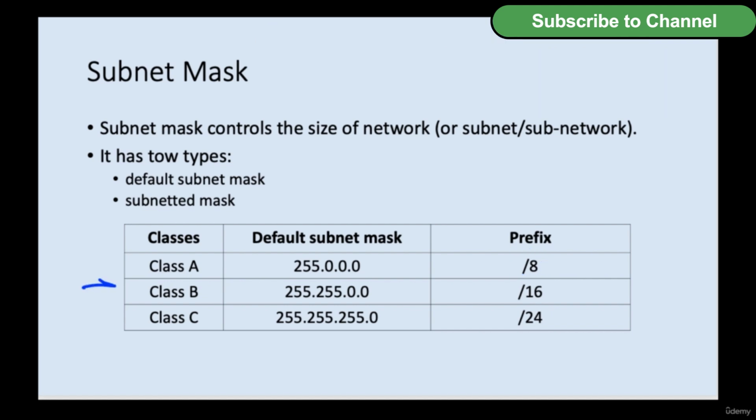Default subnet mask of an IP address which belongs to class B is 255.255.0.0, and in prefix form it is written as /16. Now I am going to convert this default subnet mask 255.255.0.0 into its binary equivalent.